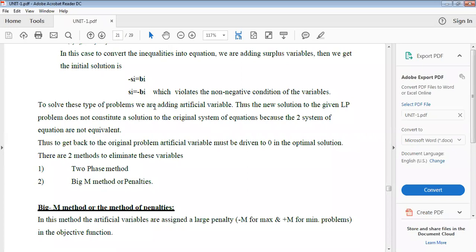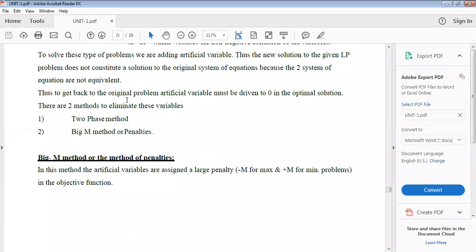To solve this type of problem, we add an artificial variable. So there is the artificial variable, surplus variable, and slack variable. We artificially add a certain variable, hence it is called an artificial variable, to balance the equation. The new solution to the given LP problem does not constitute a solution to the original system of equations, because the two systems of equations are not equivalent.